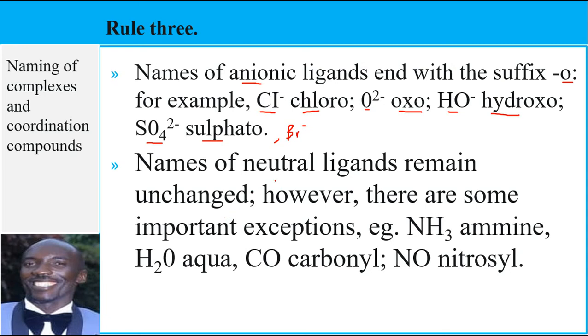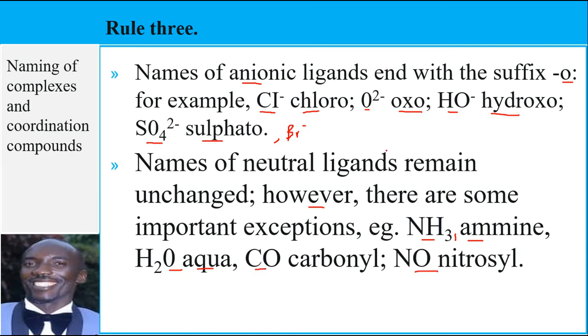Those are the ones without a charge. They are neither anionic nor cationic. In other words, they have a 0 charge. However, there are some important exceptions. For example, we have ammonia, which is named as amine. We have water, which is aqua in a complex, carbonyl, then nitrosyl.